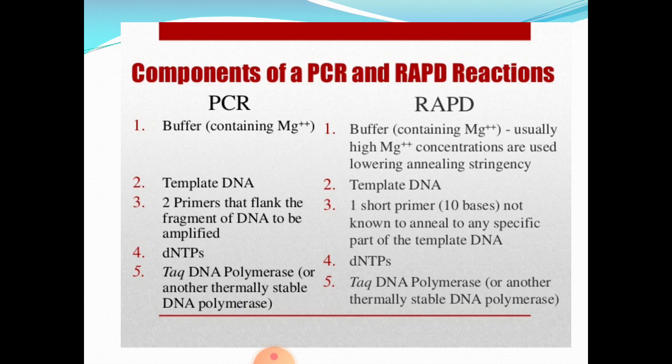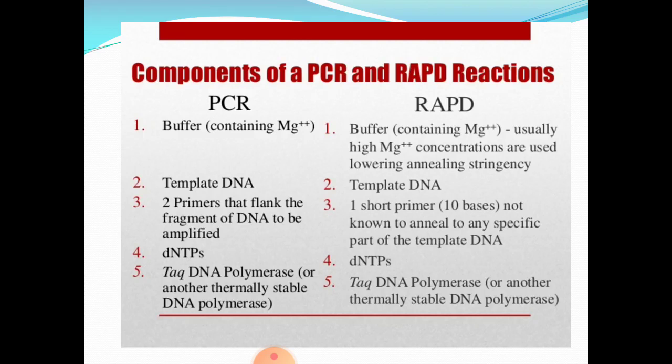Now, I told you the process is almost similar to PCR, but what are the differences or comparisons? This slide will tell you the components of a PCR reaction and the components of an RAPD reaction. See, in both cases, the buffer contains magnesium ions.